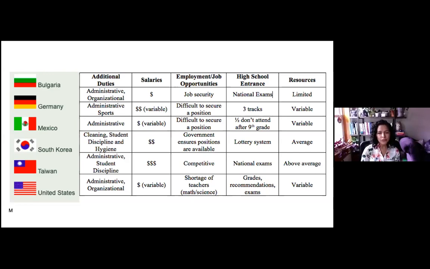Approximately half of the students end their formal education in 9th grade. Quite different from what I was just describing about Taiwan. Textbooks provided by the government usually include additional resources, for example, teacher's guides, which reduce preparation time. And resources are quite variable across schools. Some schools have electronic resources and internet access, others don't even have the most basic supplies.